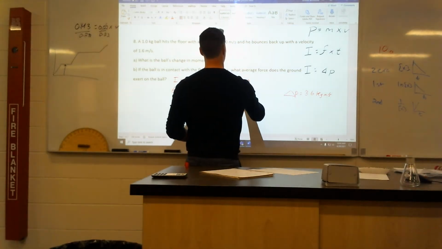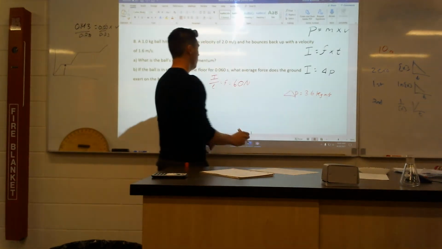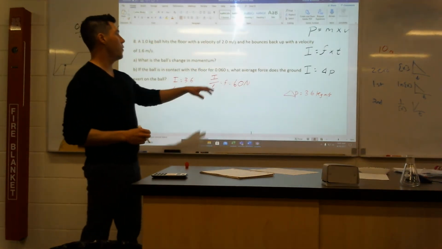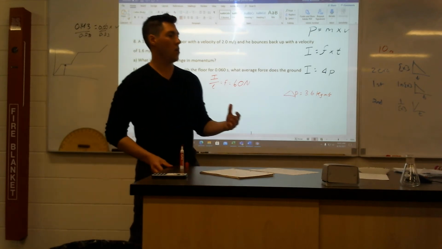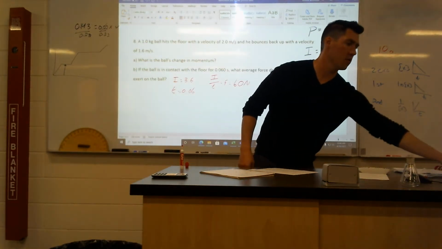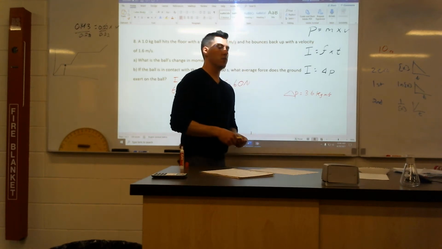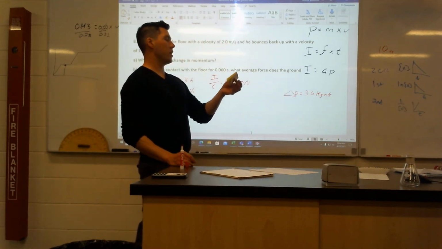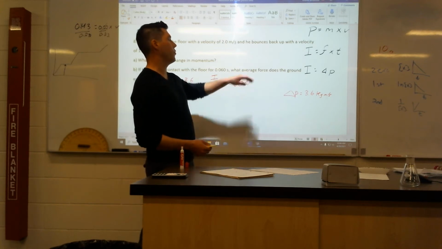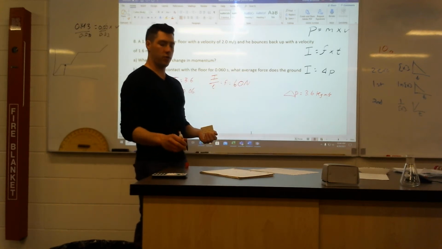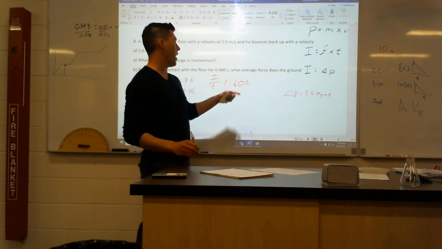Now, that is the force of just the change in momentum. I'm going to use some sticky notes here. If this were going down and then back up, that's the change in momentum. It asks what the average force is. This is a tough one for students because they just want to find that one force.